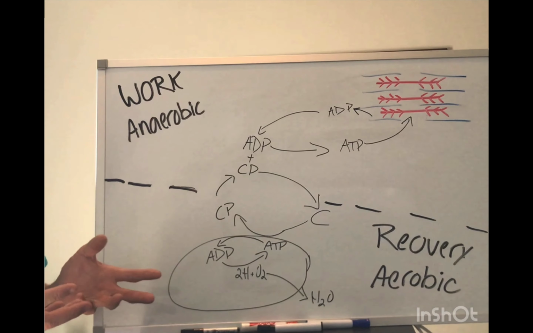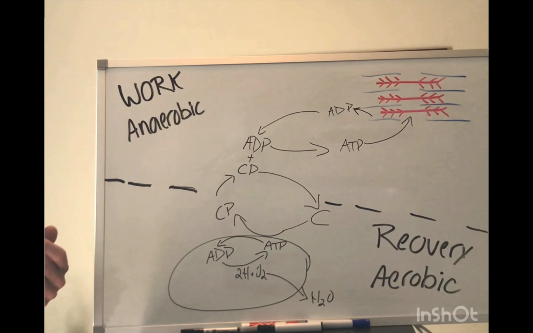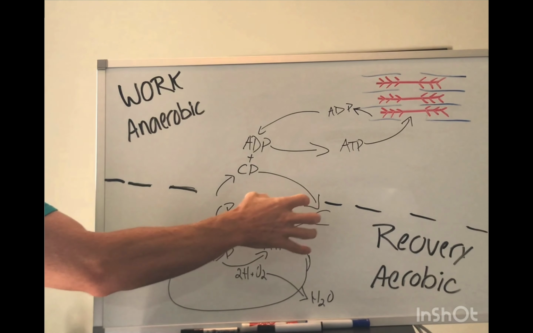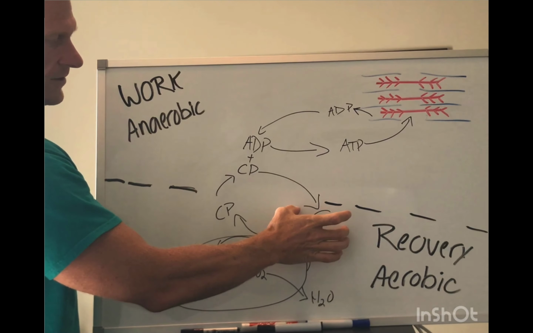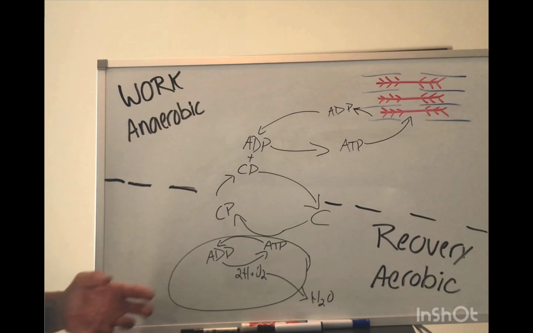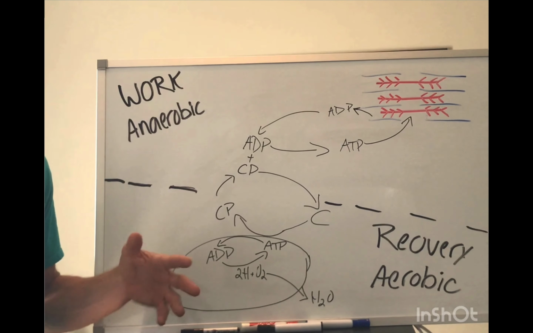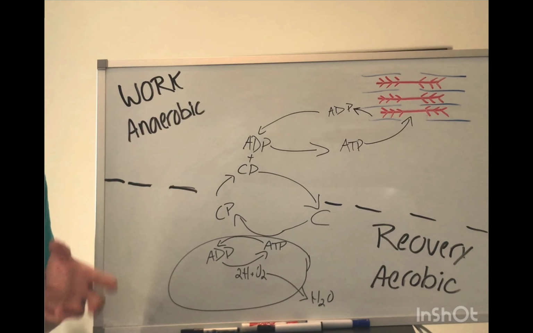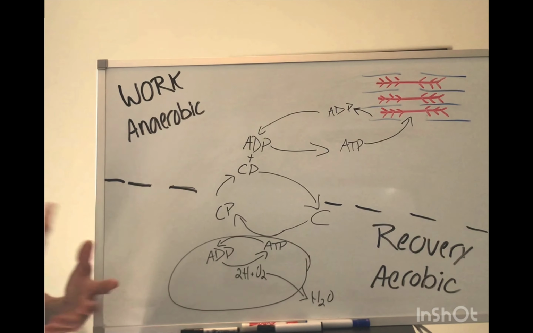The whistle blows, the play is over. What we are left with is a lot of ADP and a real lot of the byproduct, that plain old creatine. You now have 40 seconds before that whistle blows and you need to try and sack the quarterback again. Here is where the recovery takes place.